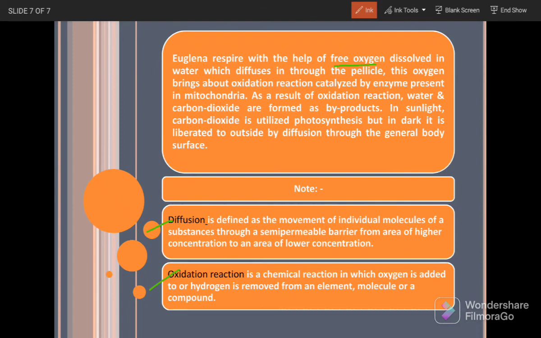In Euglena, the semi-permeable barrier is the pellicle. Through the pellicle that oxygen diffuses in.